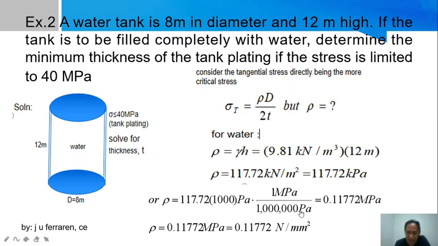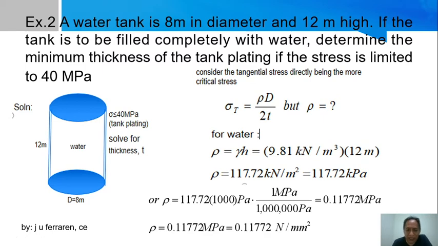So, pascal is out. Then, this is the equivalent value. So, for kilopascal, you just move 3 decimal places going left. And that is already a unit in megapascal. Okay, megapascal, we also know that that is newton per square millimeter. So, equivalent to that.